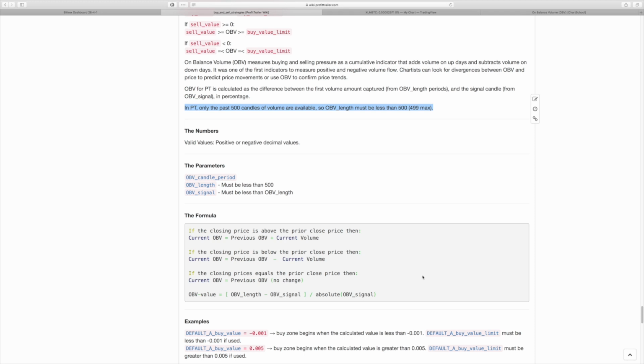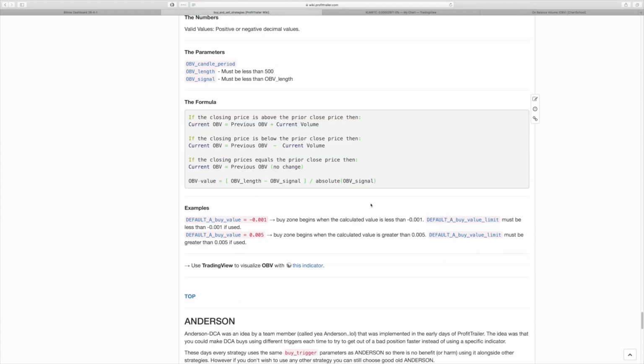You're just going to go back 3 candles, and it's going to calculate the percent difference between that candle's on-balance volume and your current one. And if it meets your criteria for buying or selling, as defined by the sell value logic or buy value logic, then it will say true, and it'll try and buy or sell, whichever one you're doing at the time. So that's how these parameters function.